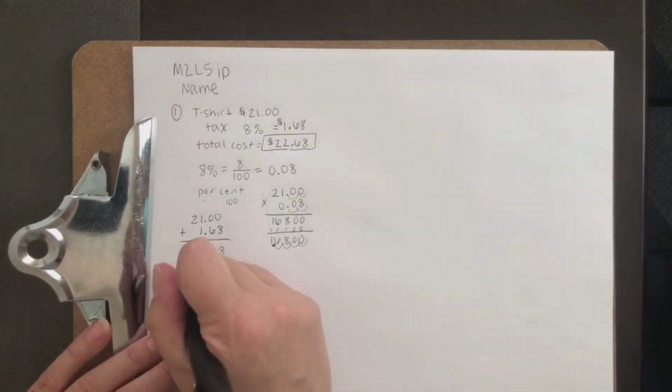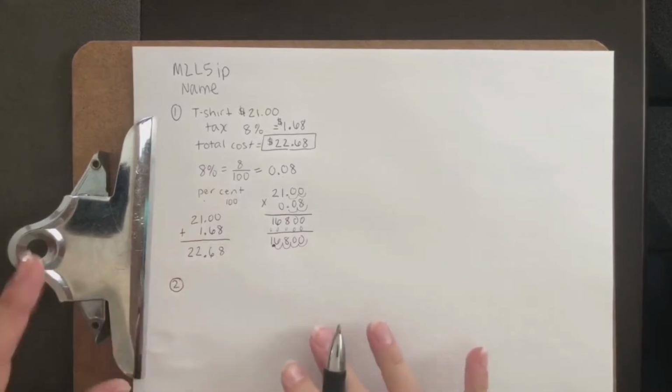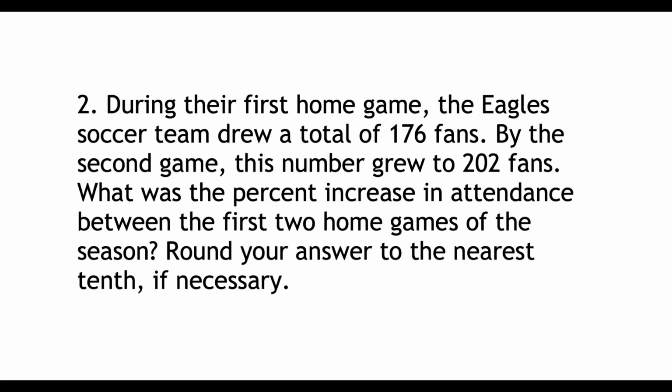All right, number 2. During their first home game, the Eagles soccer team drew a total of 176 fans. By the second game, this number grew to 202 fans. What was the percent increase in attendance between the first 2 home games of the season?